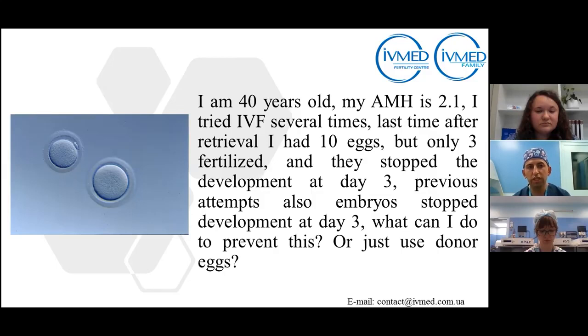Of course, in this case, we can shorten this interval to give more possibility for the oocyte activation, and we can use artificial calcium treatment to give more potential to oocyte development.